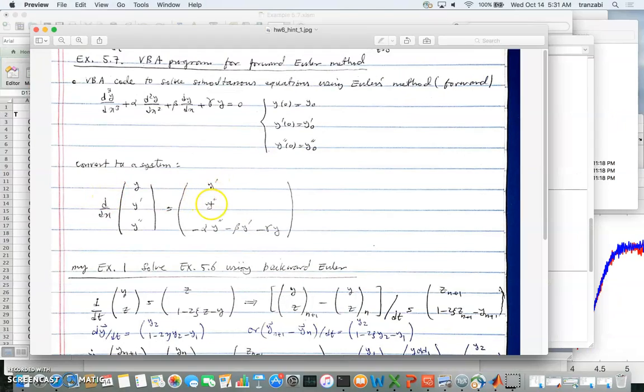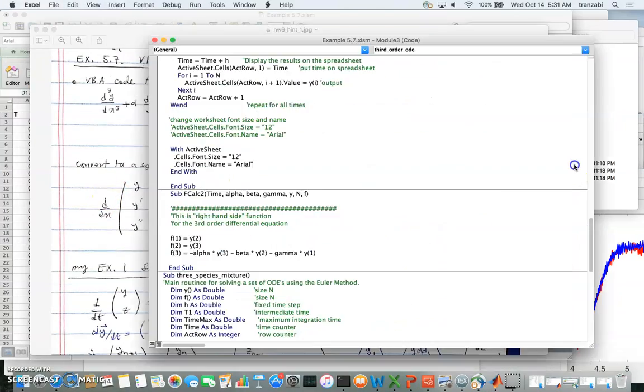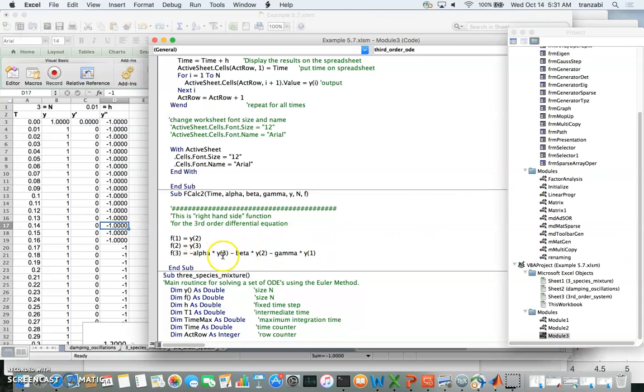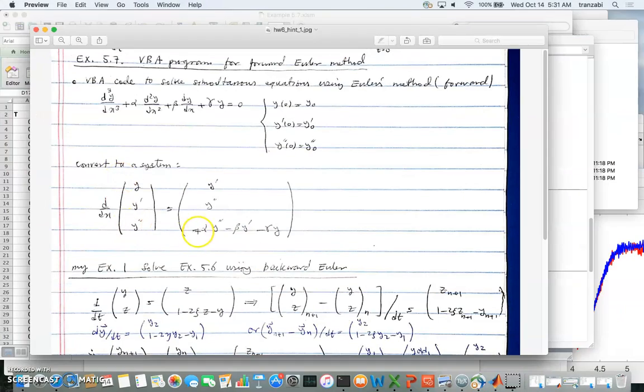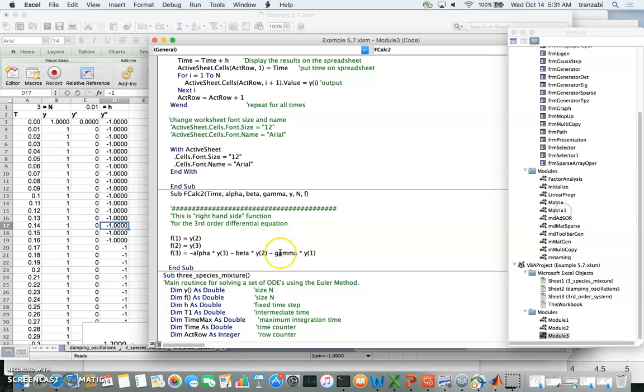Second element of y, third element of y, and this guy, which is going to be minus alpha times the third element, minus beta times the second, minus gamma times the first. And that's exactly here, minus alpha times the third element, because y double prime is the third element, minus beta times the second element, and minus gamma times the first element of y. And that's what we have here.